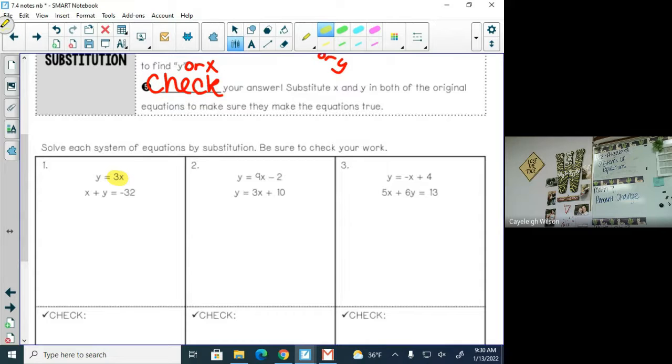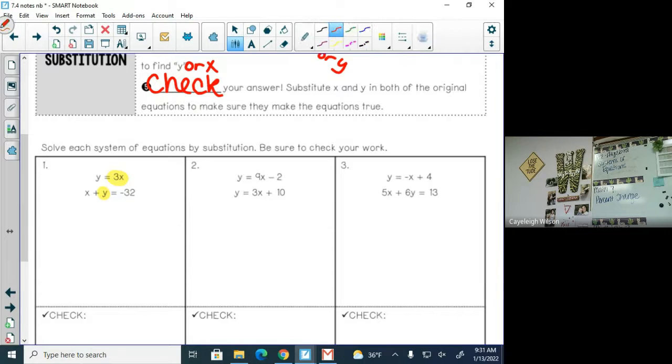So everybody look up here. See how this says y equals? That means you're plugging that in for the y. So this 3x is going to go in the spot for the y because it says y equals. It goes in for the y. If it said x equals, it would go in for the x.